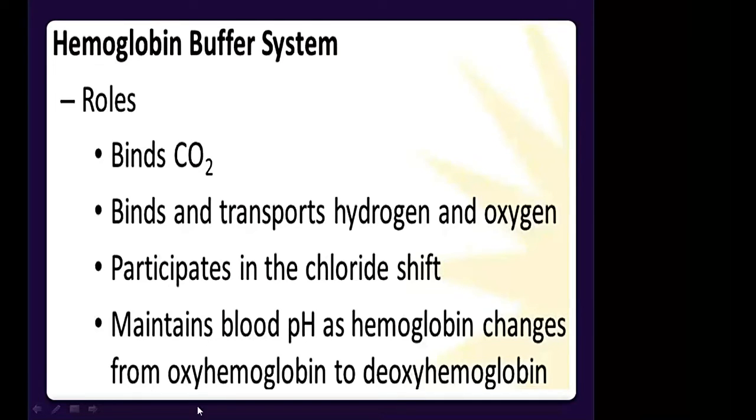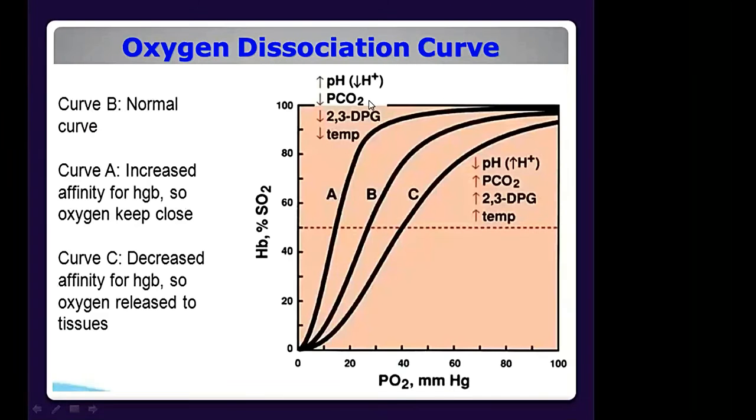Hemoglobin changes between two conditions, oxyhemoglobin and deoxyhemoglobin. So here is the oxygen dissociation curve. PO2 is in millimeters of mercury, 20, 40, up to a maximum of 100. And this is the percentage saturation of hemoglobin with oxygen, also 100% maximum here. Curve B is the normal curve.